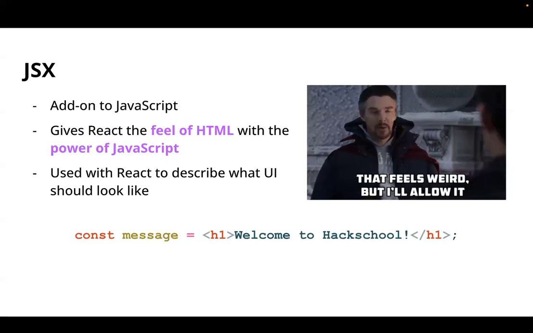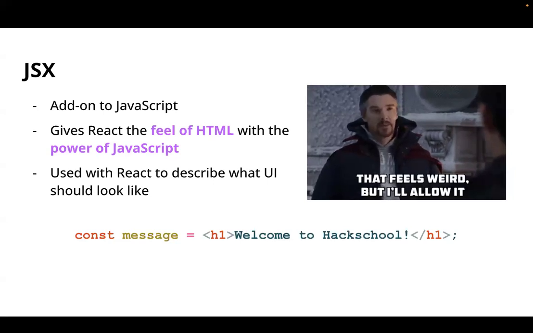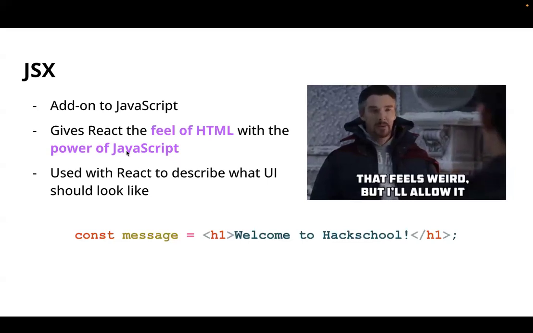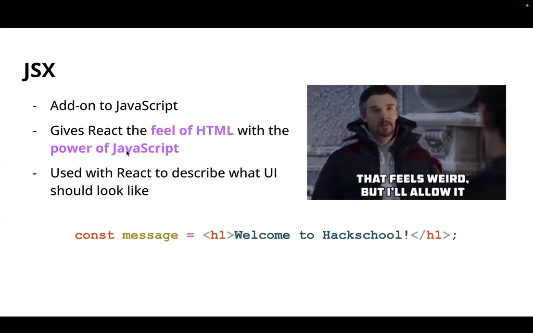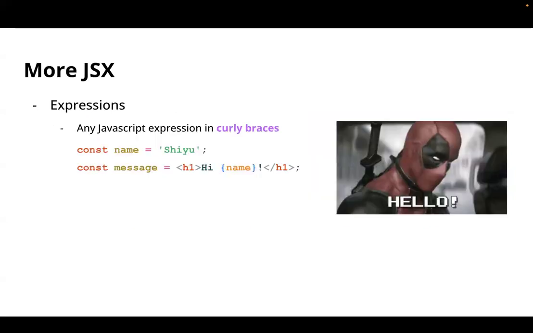I have a variable name called message, and I also have the equal sign, which is the assignment operator. So this is what I meant by saying that it is a combination of HTML and JavaScript. JSX is very commonly used within React, and it is used to describe what the user interface should look like. We'll see more examples of that in our demo later on.